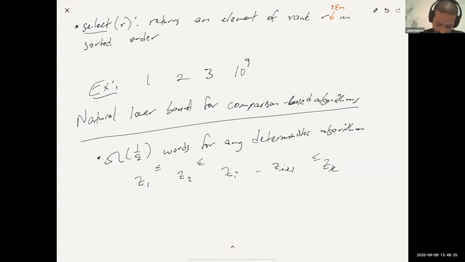has size at least n over K, right? So if you have a deterministic algorithm, and the only thing it's allowed to do to answer queries is do comparisons, then any item queried in this range is going to have the exact same answer, because all the comparisons to the items you're storing are the same.